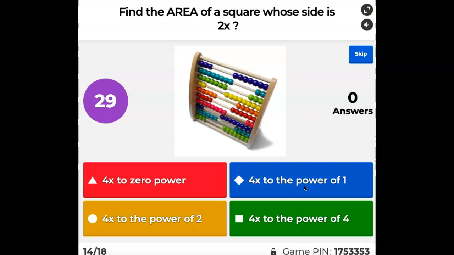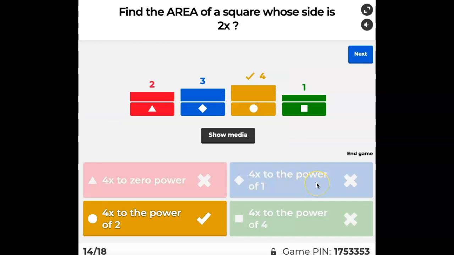Find the area of a square whose side is 2x. Okay, so 4x to the power of 2.